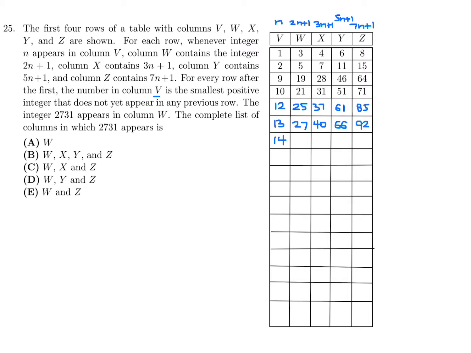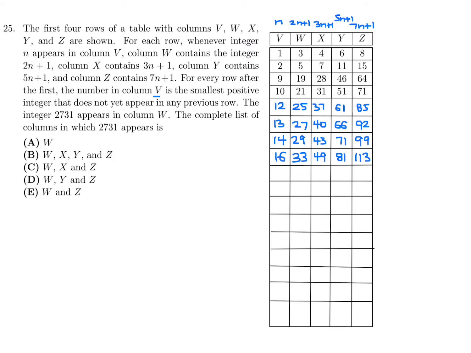Next one is 14, because 14 doesn't appear yet. 29, 43, 71, 99. Next one, 15, but no, because 15 appears there. It can't go in V if it's already appeared before. But 16 can go there. 16 hasn't arrived anywhere yet. So 33, 49, 81, and 113. Okay, so I think that's good enough. I don't need to keep going. I just wanted to illustrate how this works.